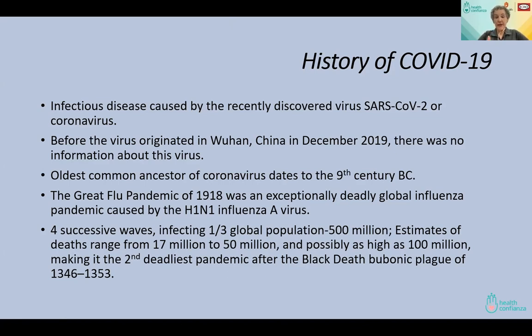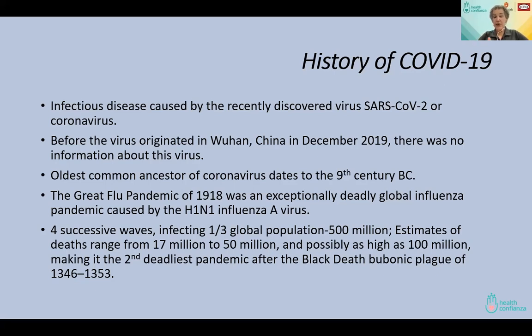If you think back to the great flu pandemic of 1918, which was 100 years ago, exceptionally deadly worldwide, it was caused by the H1N1 influenza A virus. In the great flu pandemic, there were 4 successive waves, just like our pandemic has been going in waves.